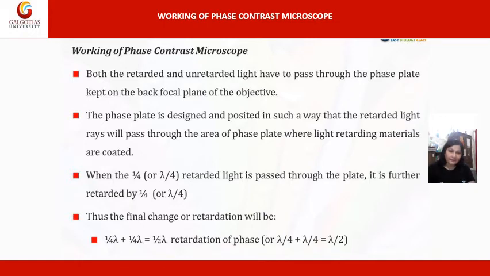When the lambda/4 retarded light passes through the plate, it is further retarded by lambda/4. Thus, the final retardation is lambda/4 plus lambda/4, which equals lambda/2. Now, the final retardation of the phase will be lambda/2. This retardation of phase lambda/2 is detectable by the human eye.